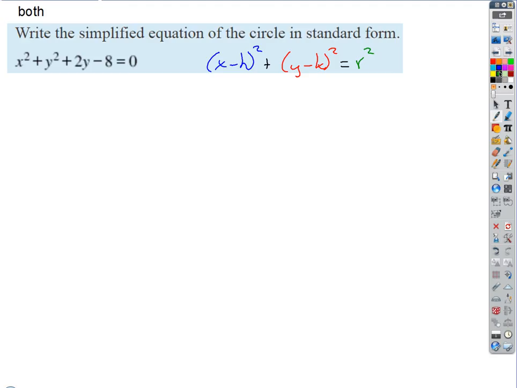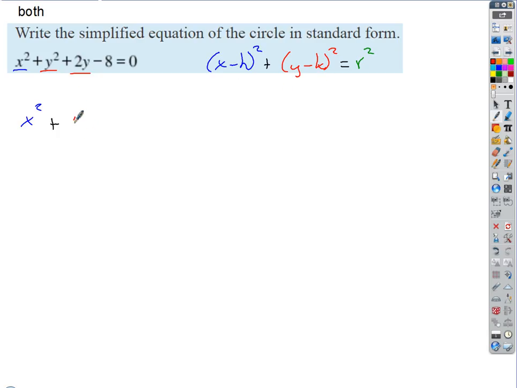Okay, so I'm going to have to complete the square for both the x's and the y's. Well, actually, not for the x. There's only one x term, that's x squared. So that's my only x term. So that tells me that h is 0. Okay, but I have to complete the square for the y's. There are 2 y terms here, and I need to build those into a perfect square.